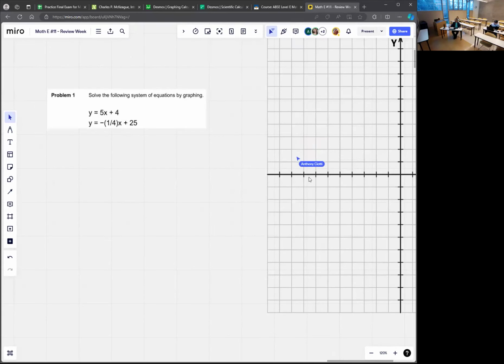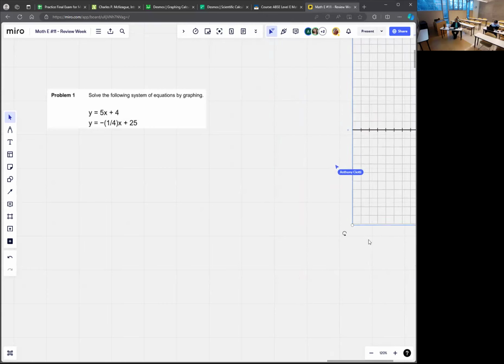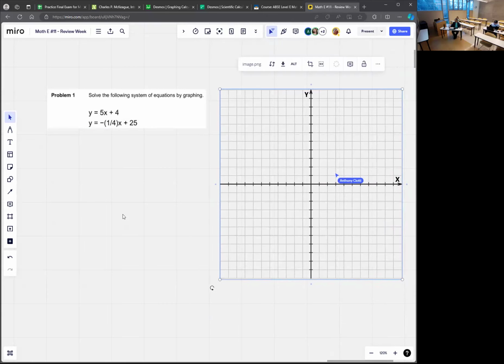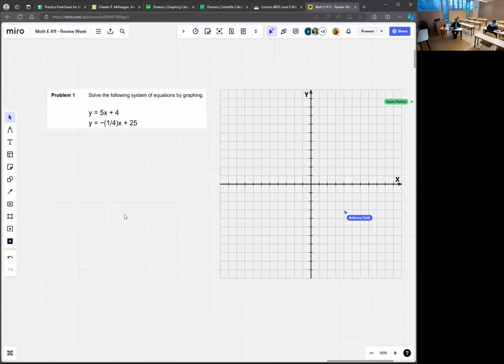So solve a system of equations by graphing. y equals 5x plus 4, y equals -1/4 x plus 25. So we know with the first one that +4 is the y-intercept, so we can start with putting a point on +4 on the y-axis.